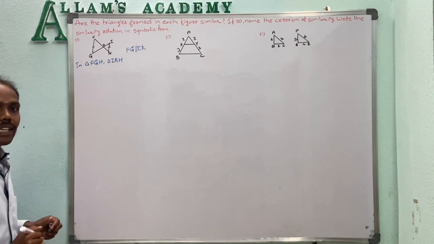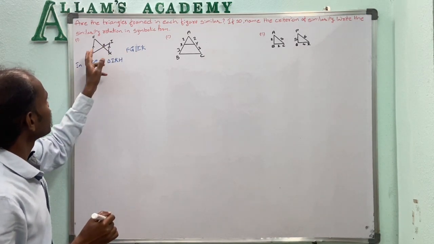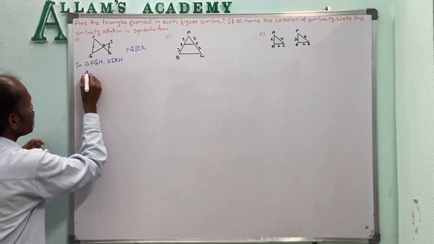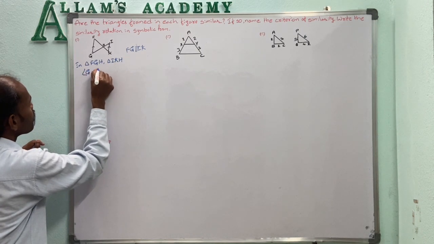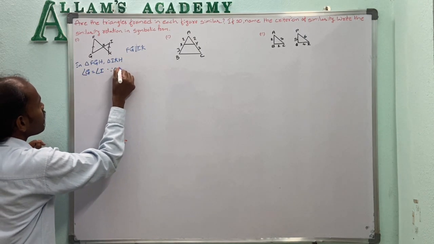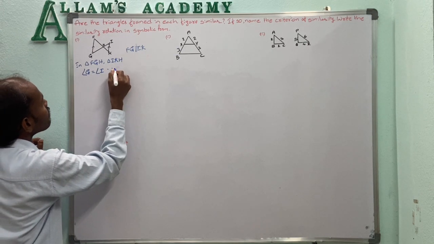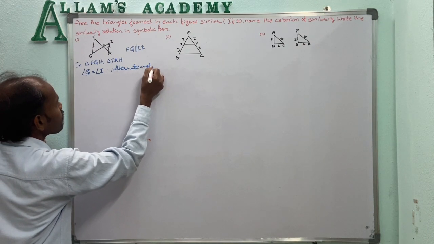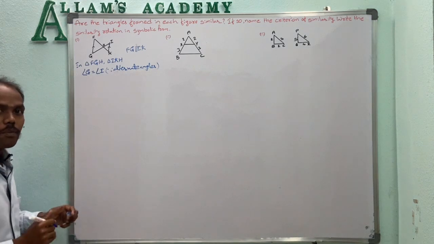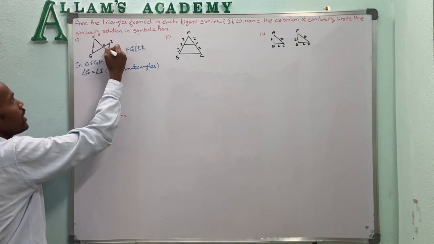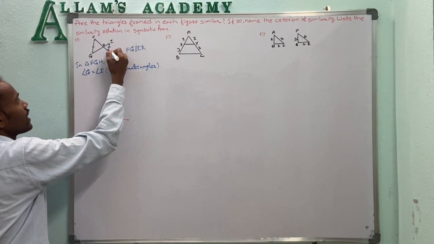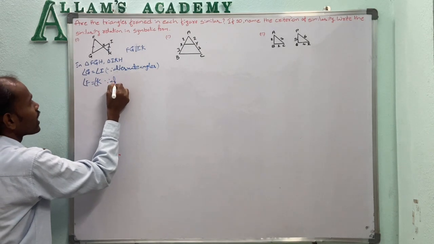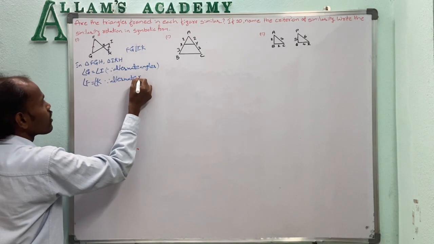If GI is taken as the transversal, then angle G and angle I are alternate angles. Alternate angles are equal, so angle G equals angle I. Similarly, if FK is taken as the transversal, then angle F and angle K are also alternate angles, so they are also equal.